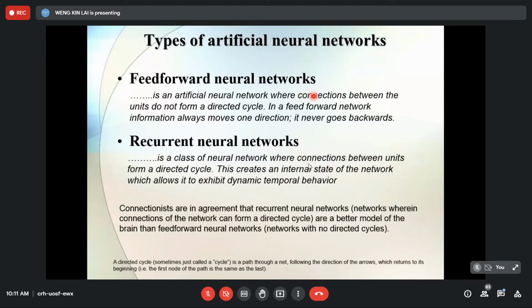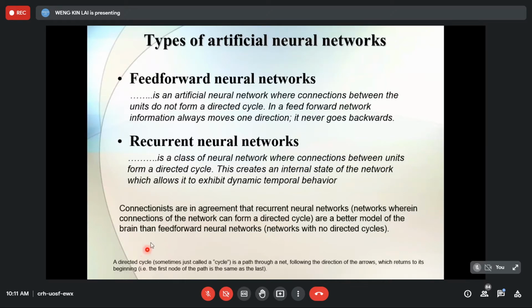Now, both types are also involved in deep learning neural network architectures. You will see that later on. Connectionists, basically people working in the area of artificial neural networks, agree that recurrent neural networks, that is, networks wherein the connections can form a directed cycle, are a better model of the brain than feed-forward neural networks.